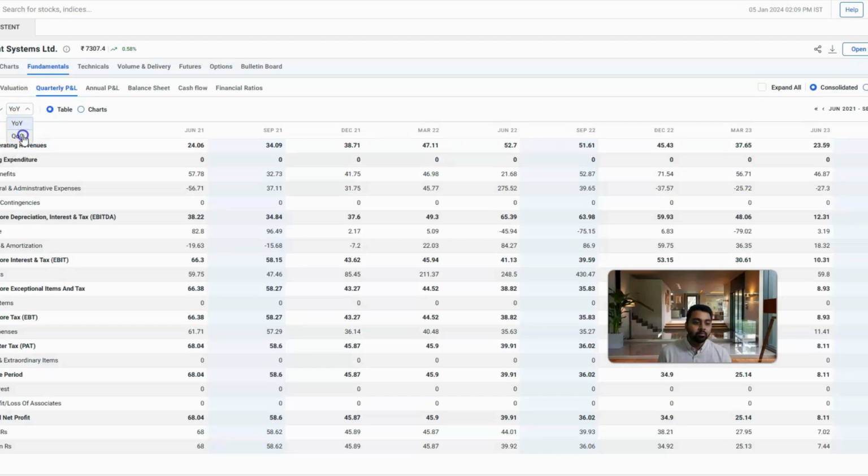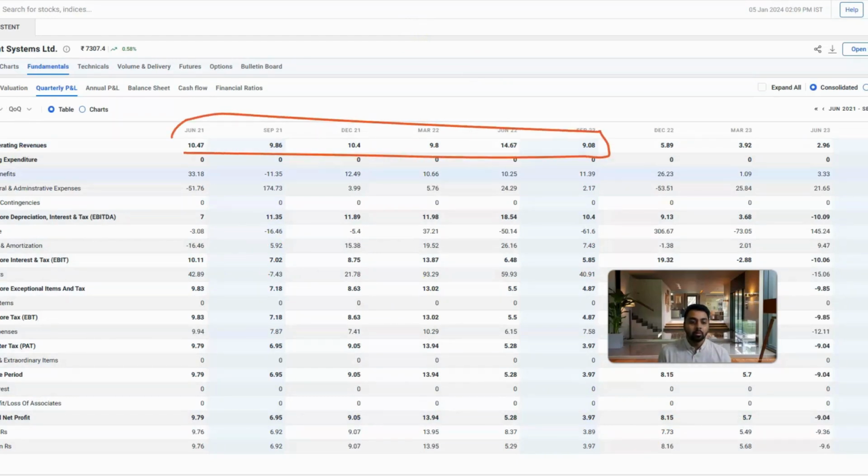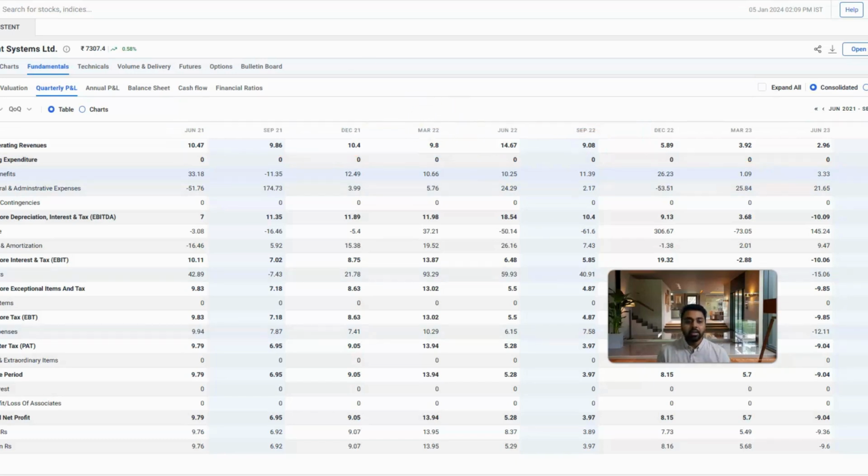In the case of Persistent, if I do QoQ, I can see that earlier every quarter it used to grow at nearly double digit or very high single digit. But for the past 3-4 quarters, the revenue growth has gone down to mid or low single digit. And if I see the profit growth, apart from the previous quarter, it has been lackluster as well.